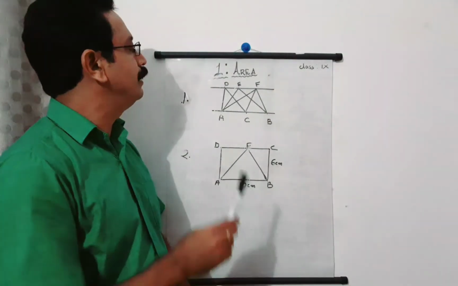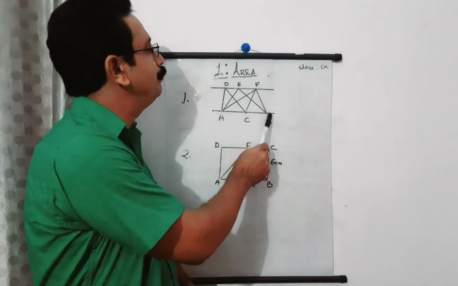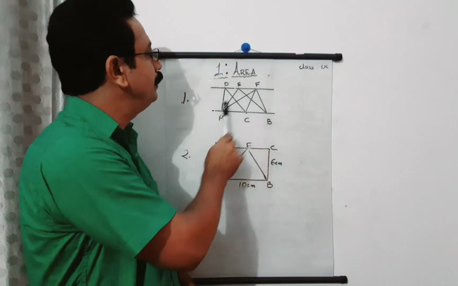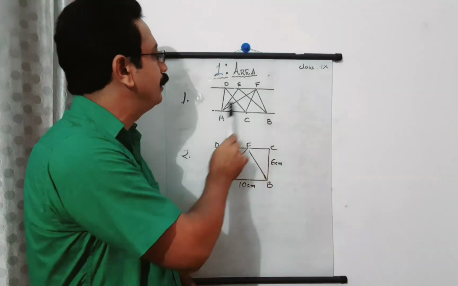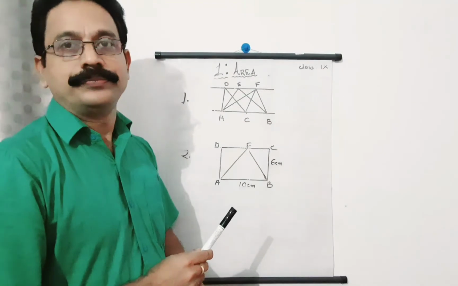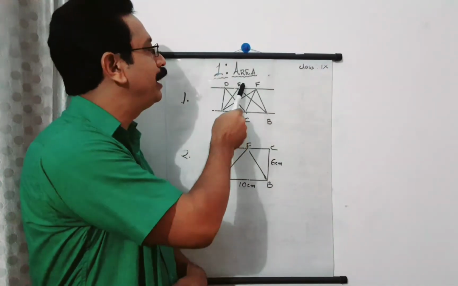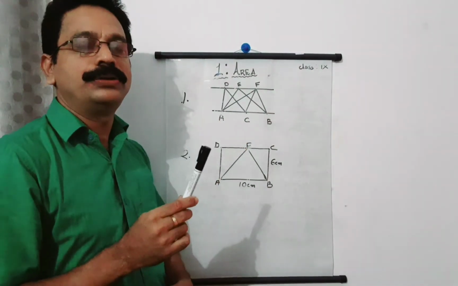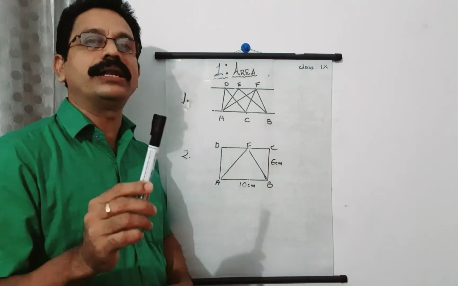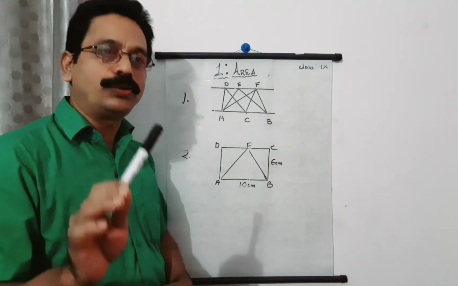The answer is triangle ABF. Why? Triangle ABE and triangle ABF have the same base AB and they are in between two parallel lines. We know triangles having the same base in between two parallel lines are of equal area.